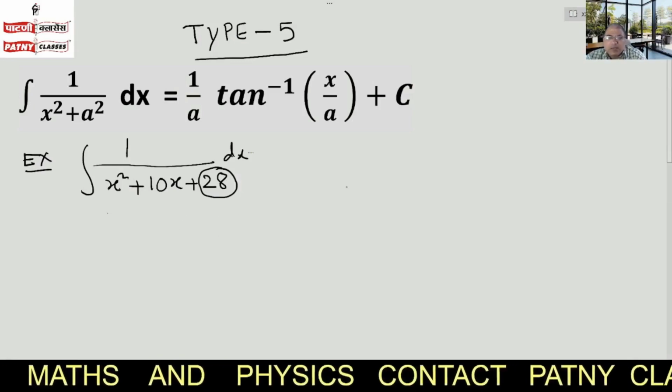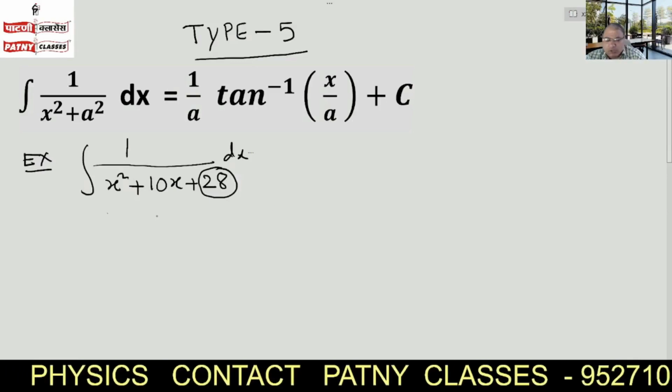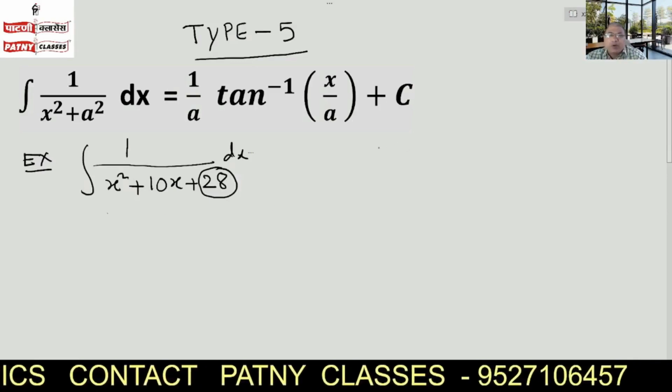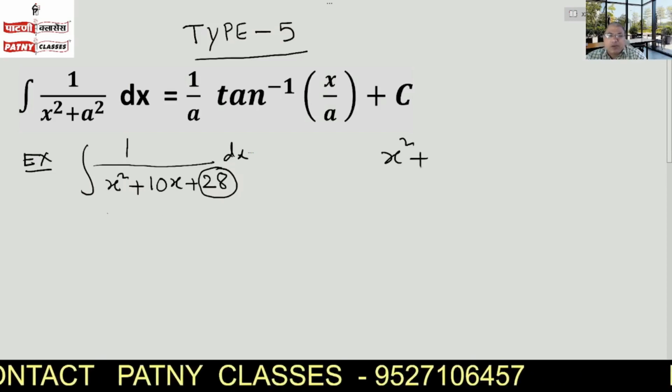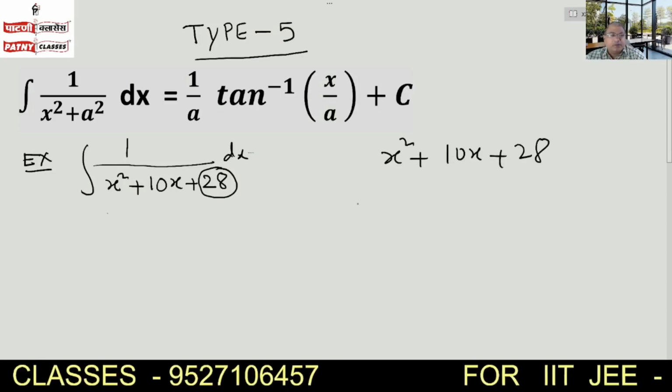Now consider the next example, integration of 1 upon x square plus 10x plus 28. How are you going to do it? Here we have x square plus 10x plus 28.